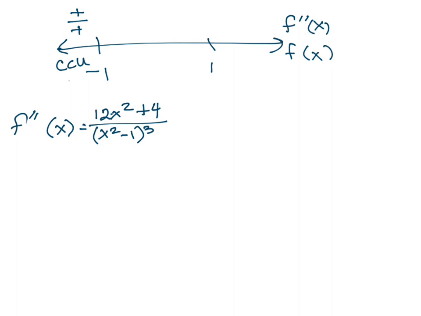Next, I'm going to plug in 0. So if I try 0 into the top, I get a positive. If I try 0 in the bottom, I have a negative. So this is going to be concave down on the interval from negative 1 to 1.